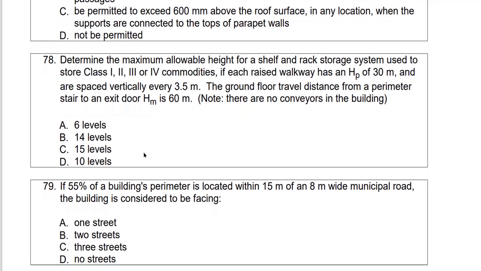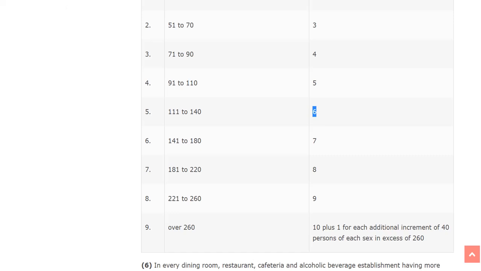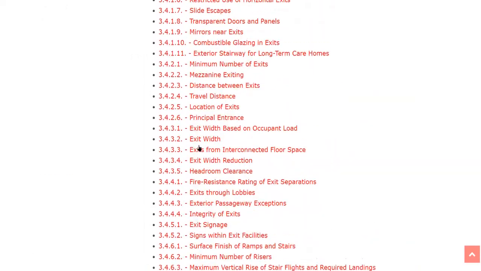If 55% of a building perimeter is located within 50 meters of an 8 meter wide municipality road, the building is considered to be faced by 1 street, 2 streets, 3 streets, or no street. Alright, for us to get an answer, let's just jump back here. We're going to go to streets in the Ontario Building Code.